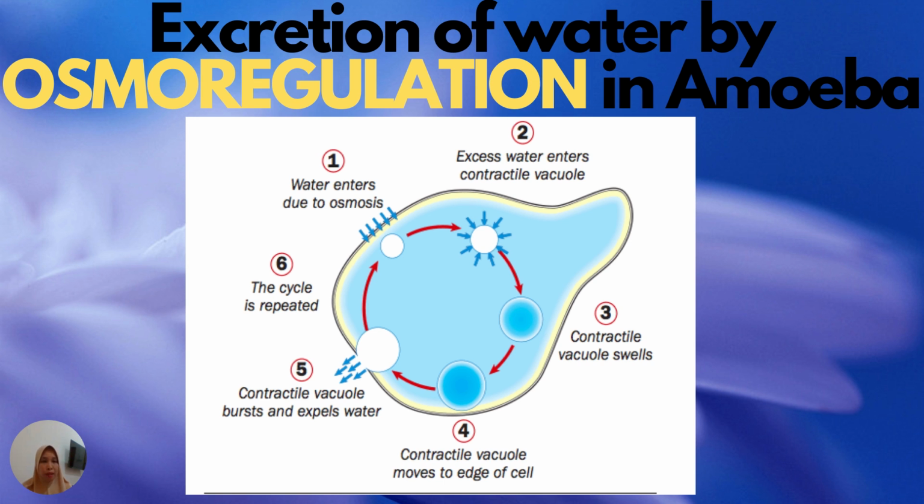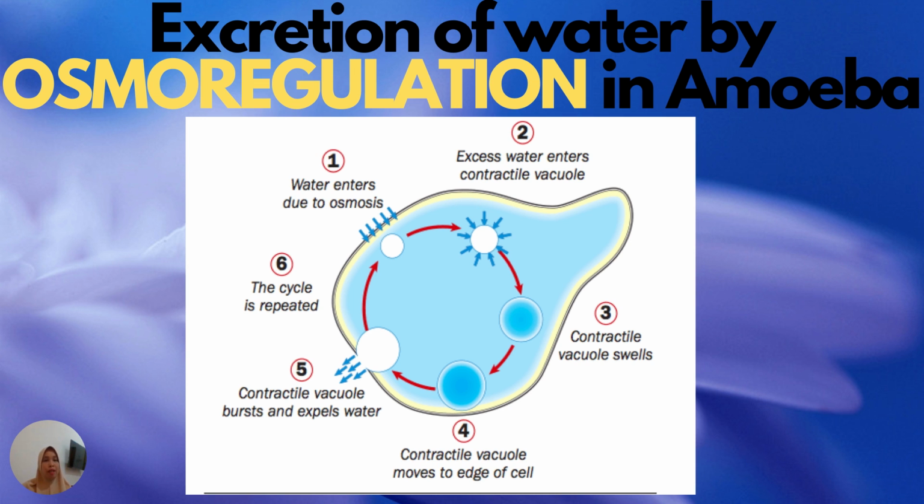So, in the amoeba, there is a process that will regulate the water content in the amoeba. What is the process? The process name is osmoregulation. Okay, how does osmoregulation occur?